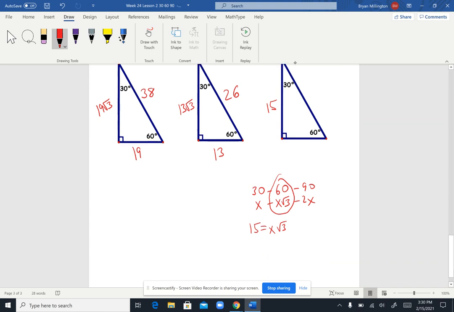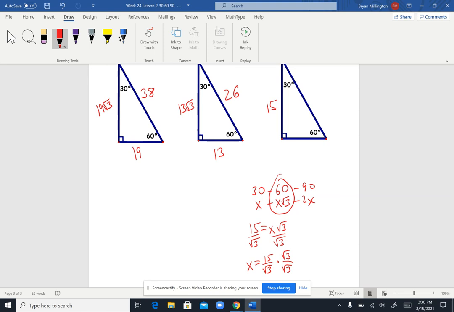If I want to get rid of a times root 3, I divide both sides by root 3. And you end up with x is equal to 15 divided by root 3. But then just like in the video that Miss Rose showed you, we don't like to have radicals in the denominators of these fractions, so we do something called rationalizing the denominator. The way we do that is we multiply the top and the bottom by root 3.